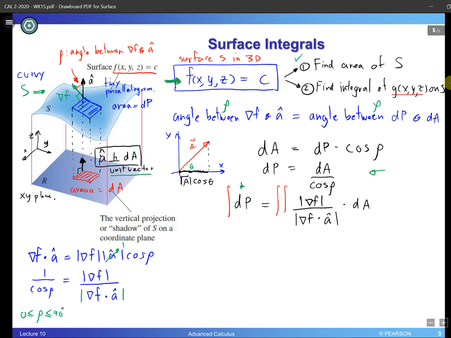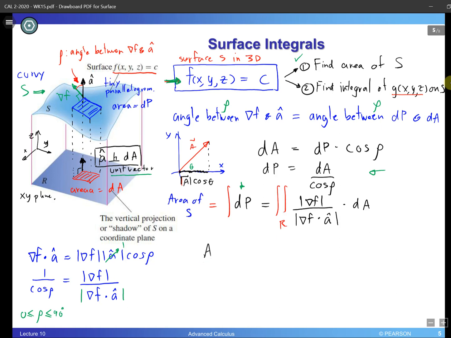So we need this integration domain R. And in the end, this is going to be equal to the surface area of the surface S. Area of S. So there you go. We have derived the formula for the first integral of today. So let's put that in the box. This one right here, first formula, area of S.